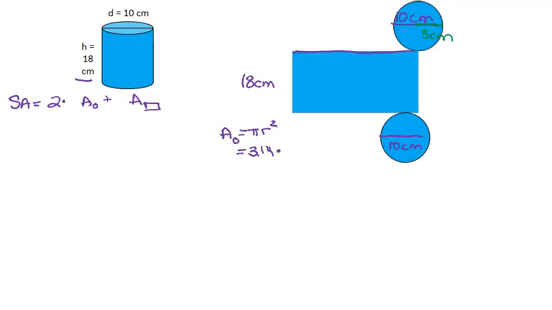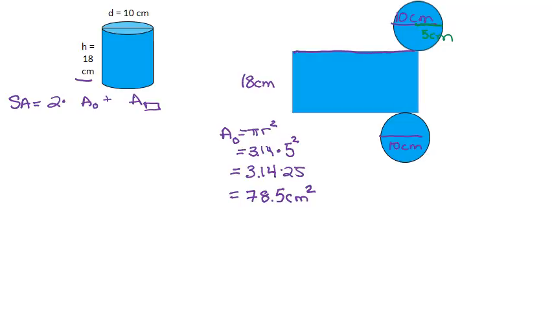So I would have 3.14 times 5 squared. I have to do my exponent first, so 5 squared is 25. And then I have 3.14 times 25, which would give me 78.5. Now we have to think about our units. It's measured in centimeters. And because this is the area, it's going to be centimeters squared.